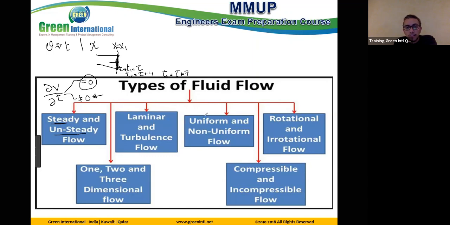Go to the other one, uniform and non-uniform. For uniform and non-uniform, you study displacement. It means the other variable shall be constant. For example, we study at now. Now means time is now.